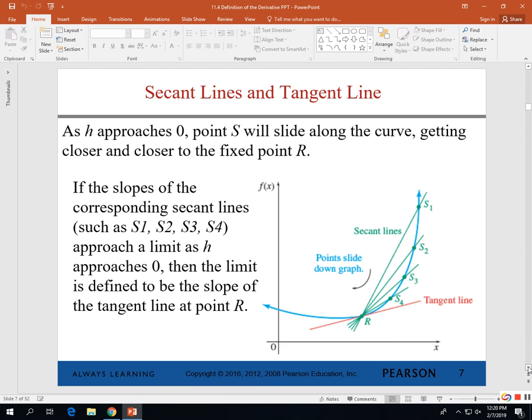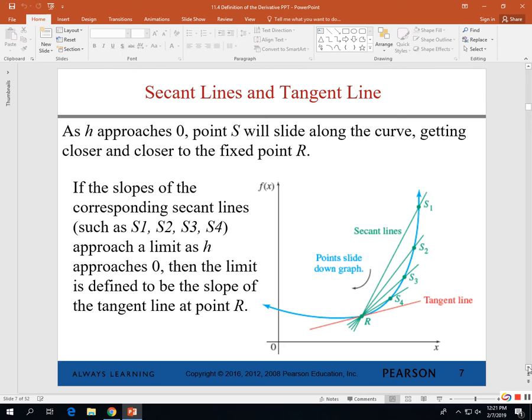And that's important because the slope of a tangent line is actually the same as the slope of the curve at that point. Okay? And that's where the idea of a derivative comes in, because this is your new vocabulary word. A derivative at a point on a curve is the slope of that curve at that point.